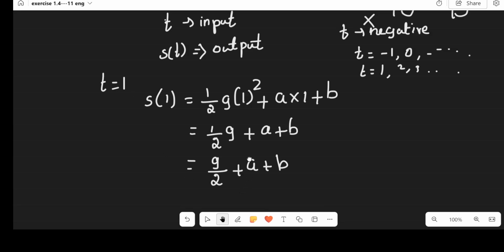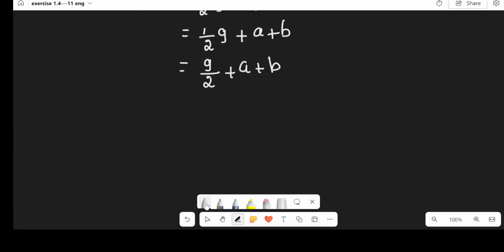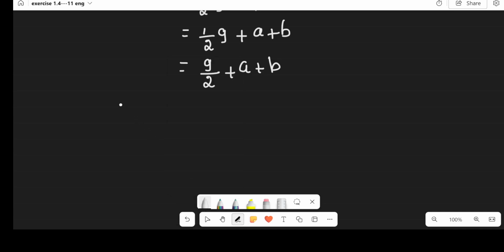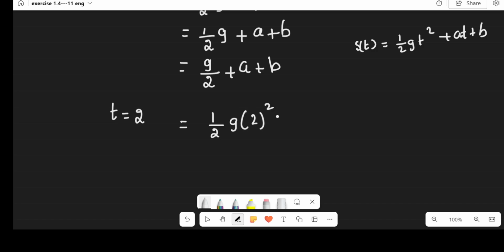Now we are going to apply t is equal to 2. If t is equal to 2, what is the formula? s of t equals 1 by 2 g t square plus a t plus b. Then it would be 1 by 2 g, 2 square, plus a into 2 plus b.